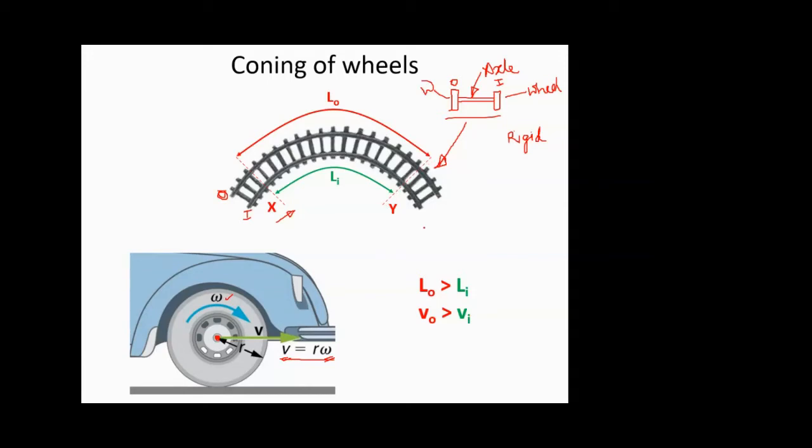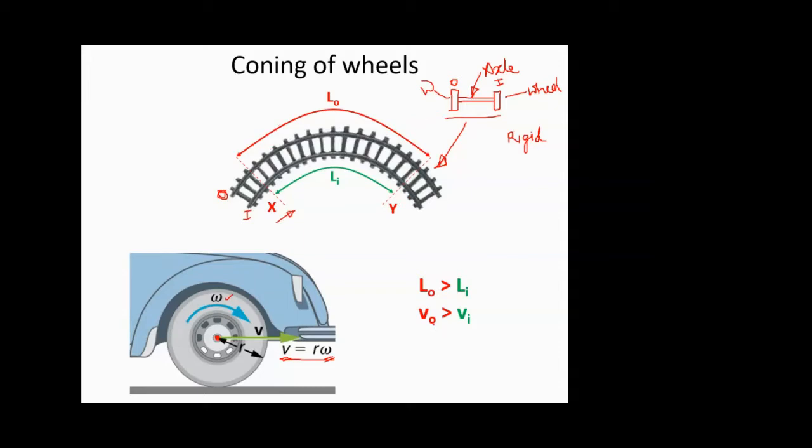If both the wheels have the same linear velocity, mind well, then they will not reach the Y location at the same instant, because obviously the outer wheel has to travel a greater distance.